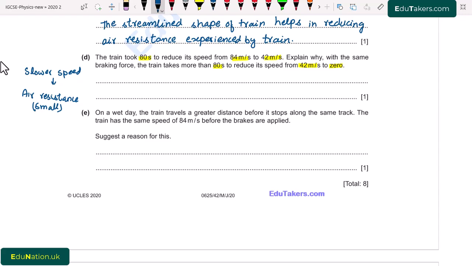But at lower speed, there is less air resistance, so you need more time to reduce the same amount of speed. For less air resistance, less force helping it to slow down. It means that for lower air resistance, less force helping it to slow down.